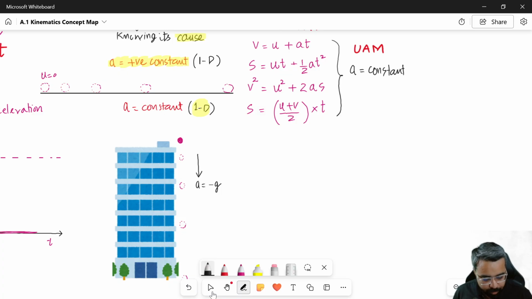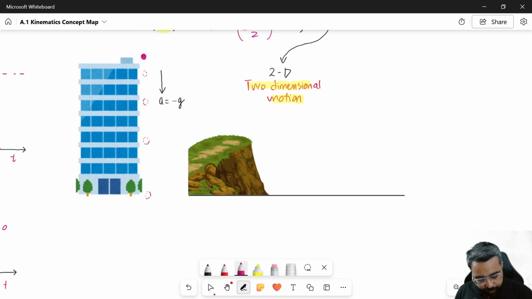Acceleration can be constant in two-dimensional motion also, right? The perfect example of two-dimensional motion is projectile motion. For example, if this ball is kicked with some initial velocity at an angle theta from the x-axis, what will be its trajectory under the influence of gravity?